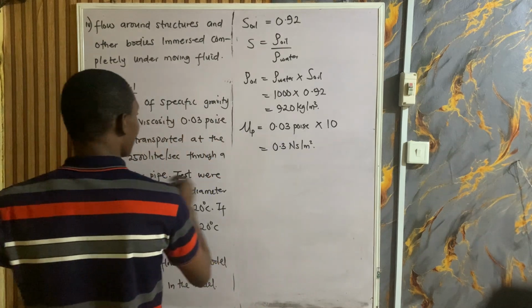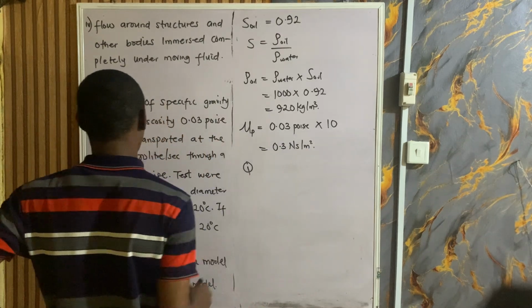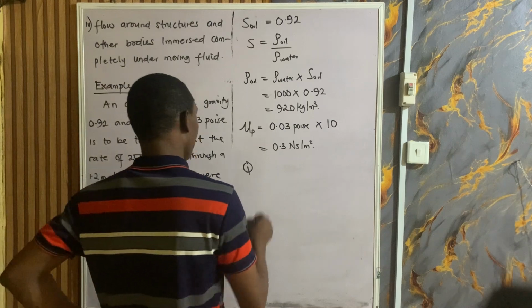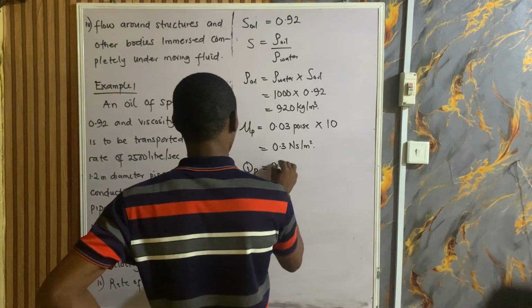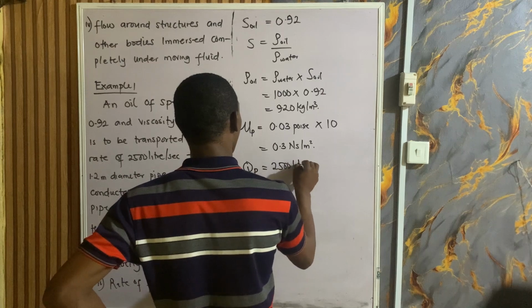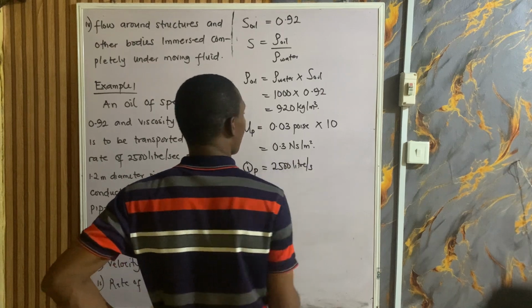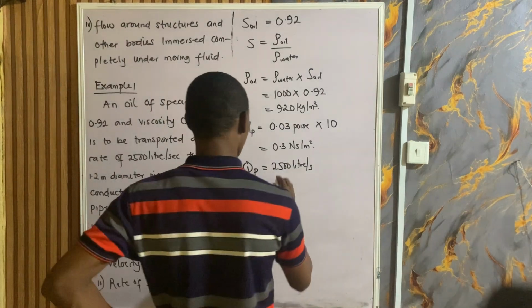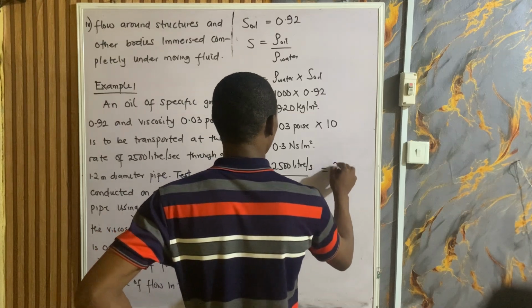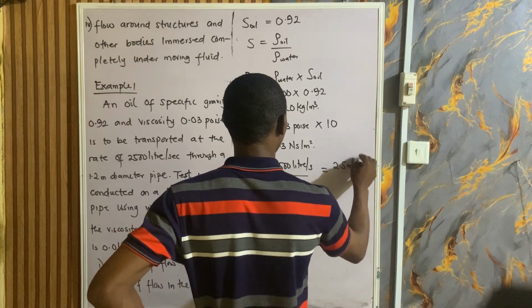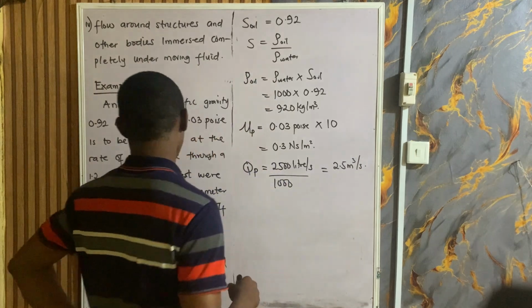Again, we are given the discharge of the prototype, and that is 2,500 liter per second. I will convert to meter cube per second, just dividing by 1000. That's 2.5 meter cube per second.